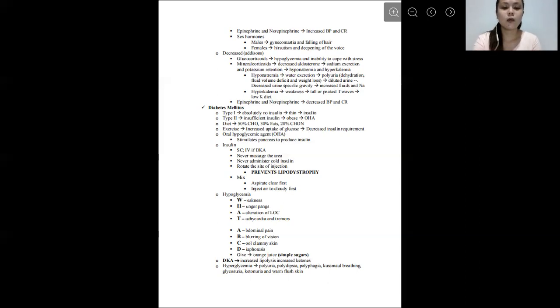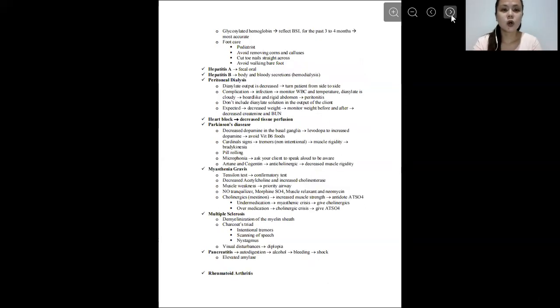Why is there polyuria or excessive urination? Because the fluids in the body cannot circulate well due to the increase of glucose in the blood.